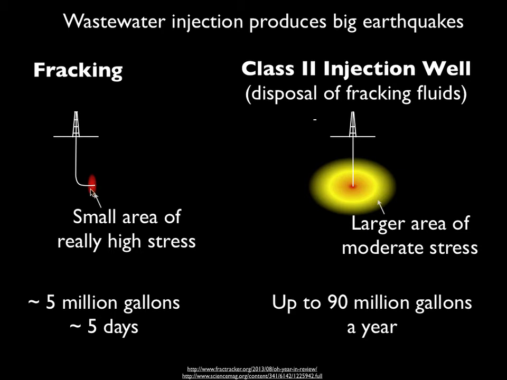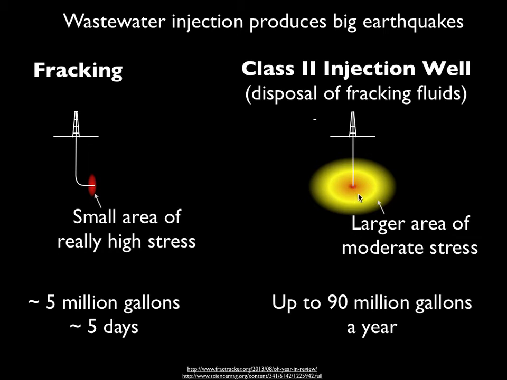But the other important factor is that with fracking, they specifically seal off small sections of the borehole so that they have a very, very high stress buildup right in one small area. Whereas when you're doing an injection well and you want to dispose of wastewater, you want to push that water out as far as possible over a large enough area so that you can basically make room for more water to pump in.